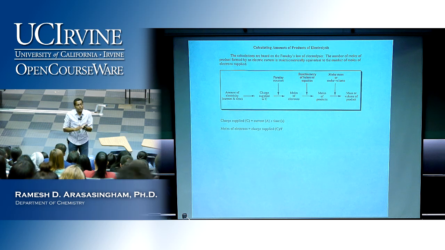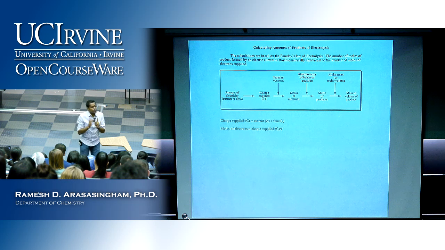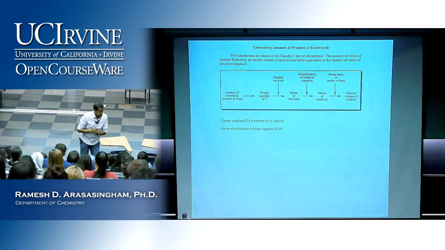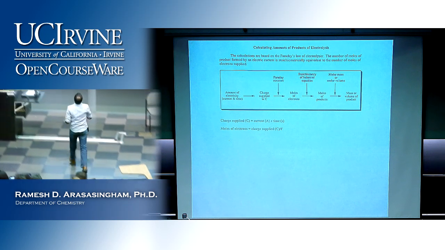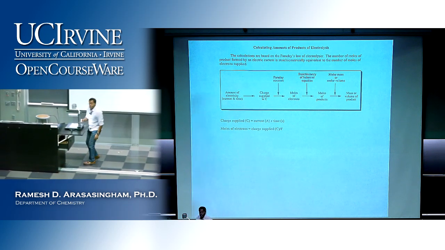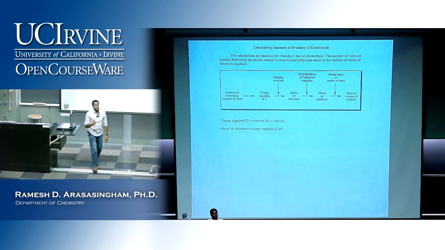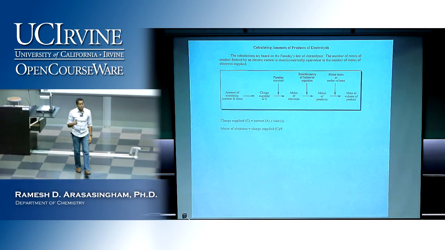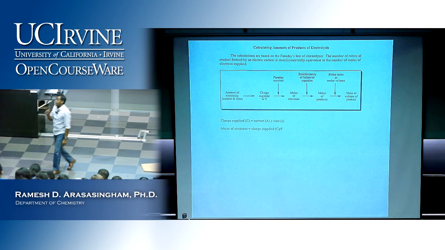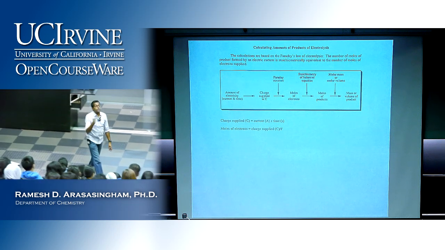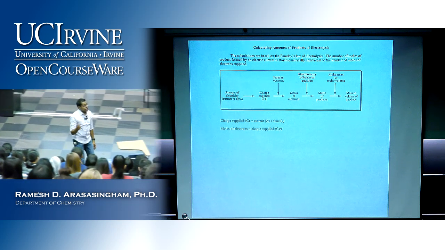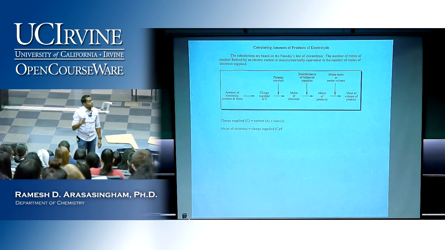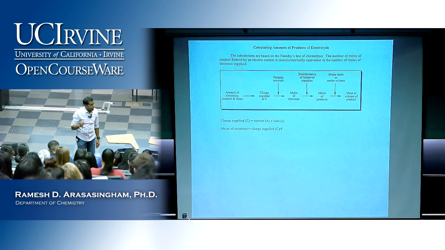So simply put, we're going to start with the current that we supplied, and from the current we're going to figure out how many moles of electrons we have supplied to that electrolytic cell. You start with the amount of electricity, which is always given in units of ampere, and the time, which we use in seconds.